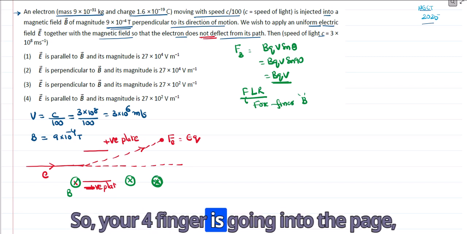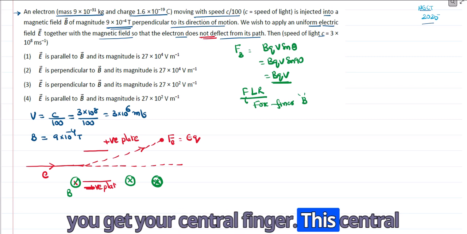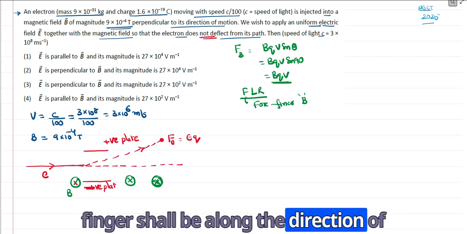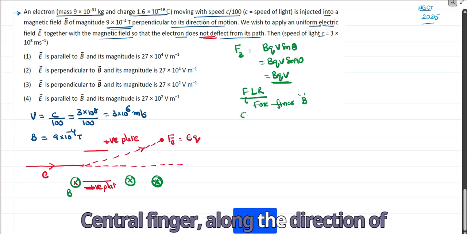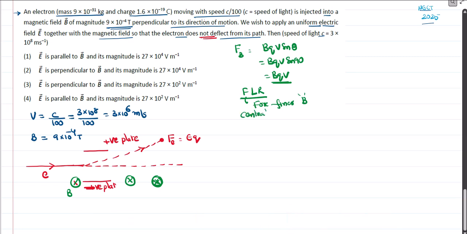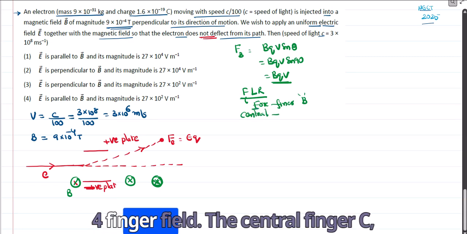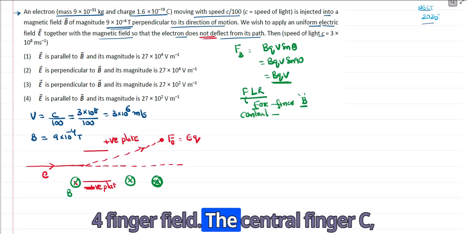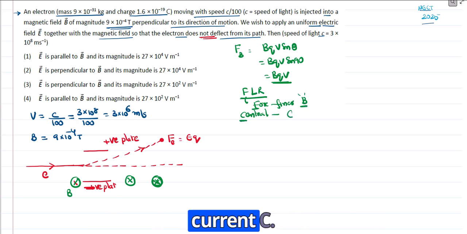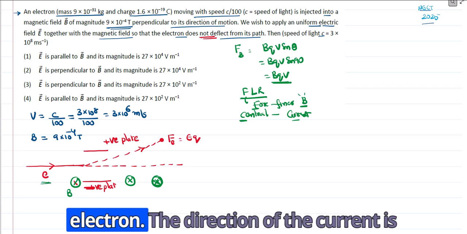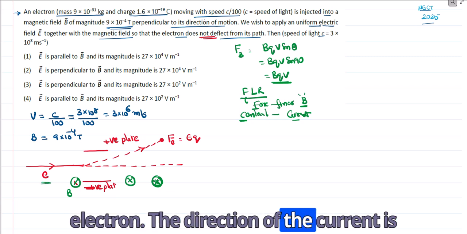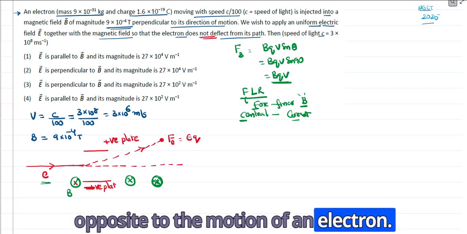The central finger shall be along the direction of current. Forefinger field B, central finger current. But here what we have taken is an electron. The direction of the current is opposite to the motion of an electron.